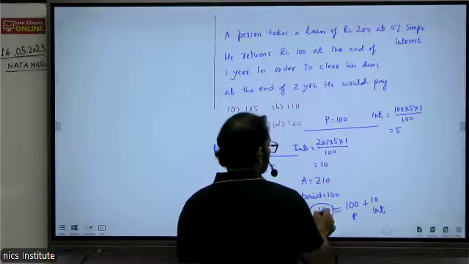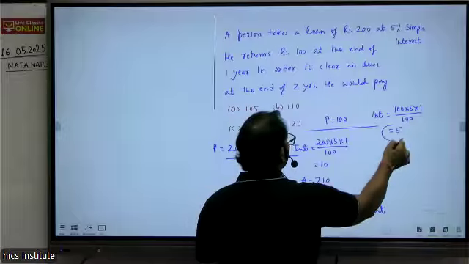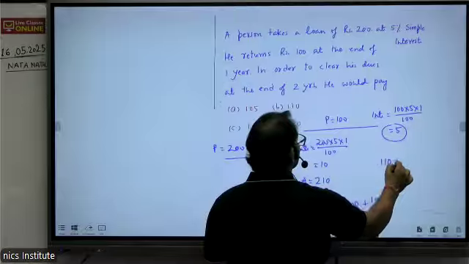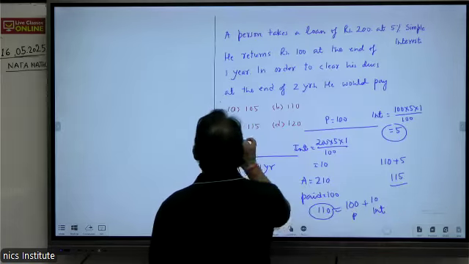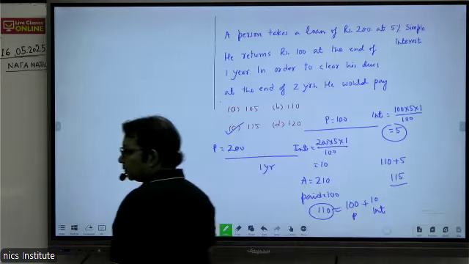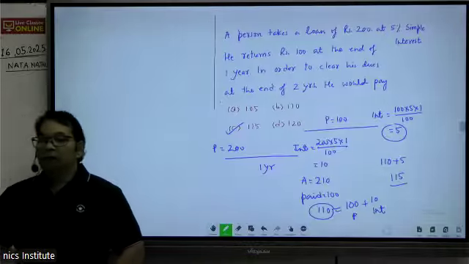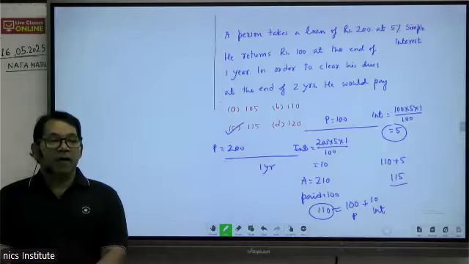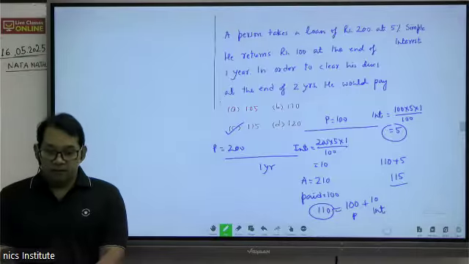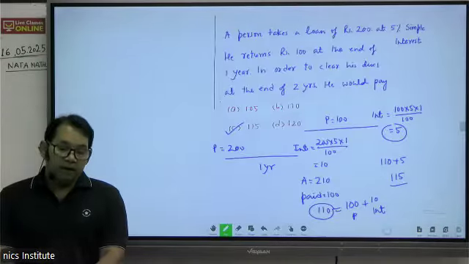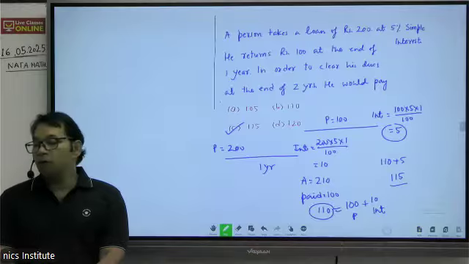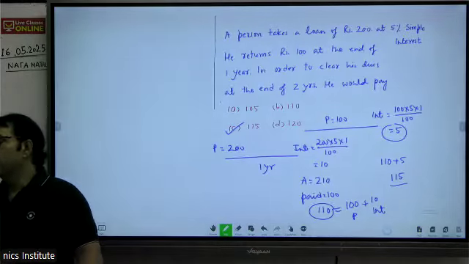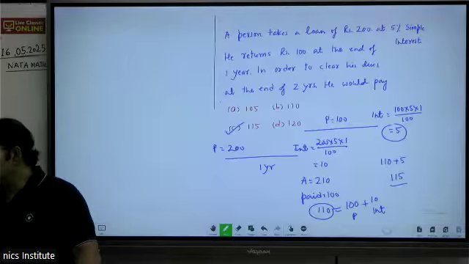So this 110 plus 5, answer would be 115. In the second year, interest will be calculated only on 100 rupees because he has already paid. So no interest on the 10 rupees, only on the amount left, which was 100 rupees.